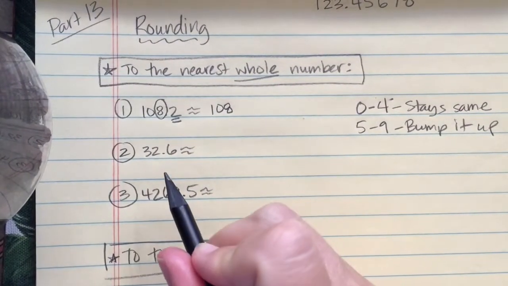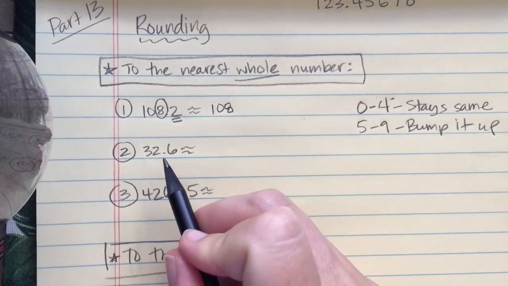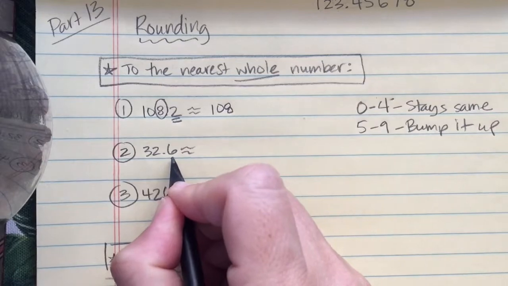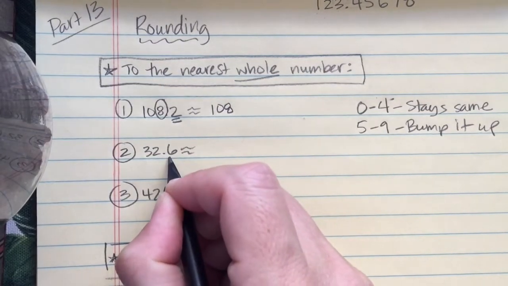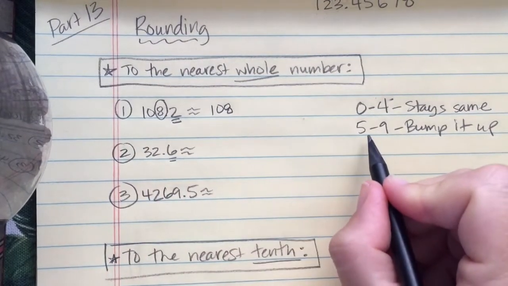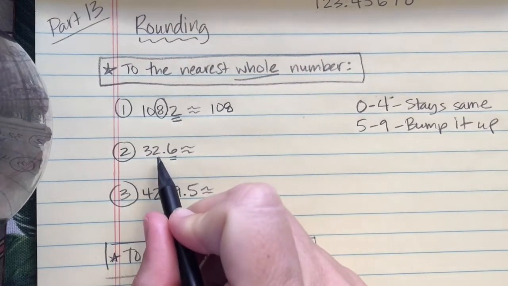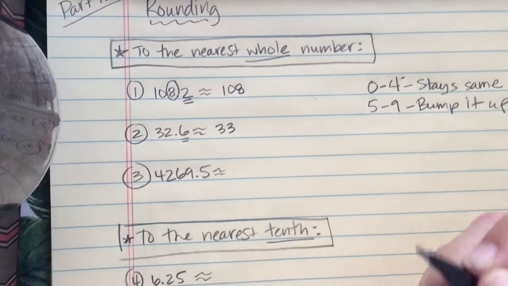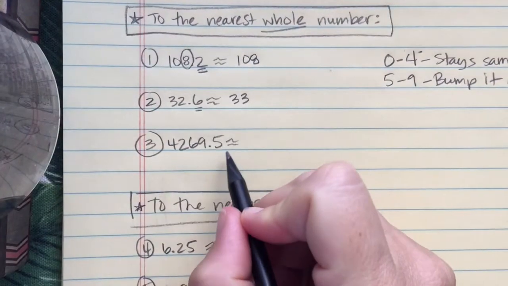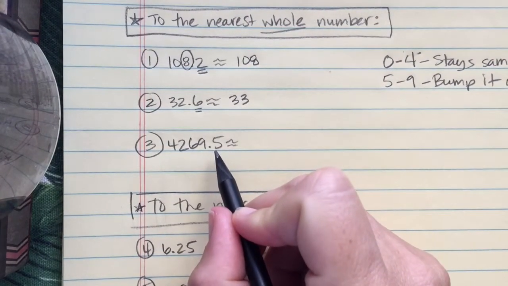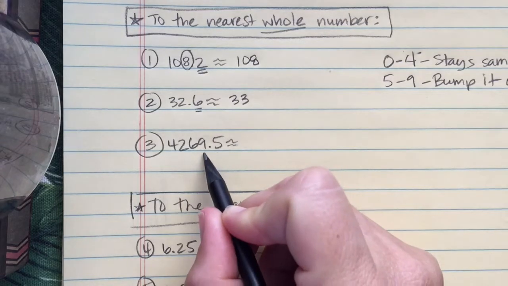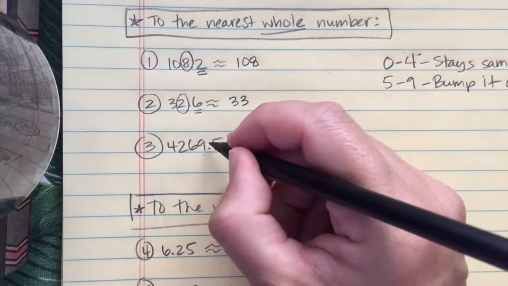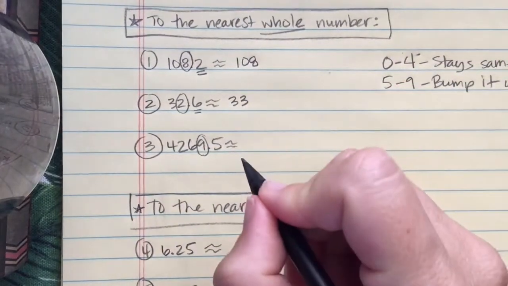Okay, let's say you owe your friend $32.60 and you wanted to round. In this case, the digit to the right is a 6. That's between 5 and 9. So you would bump this up to $33. Okay, and then for number 3, this is between 5 and 9, so you would bump this digit up. Now this is tricky.